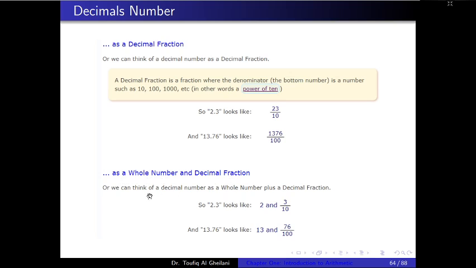Or we can think of a decimal number as a whole number plus a decimal fraction. So 2.3 looks like 2 and 3/10, and 13.76 looks like 13 and 76 over 100.